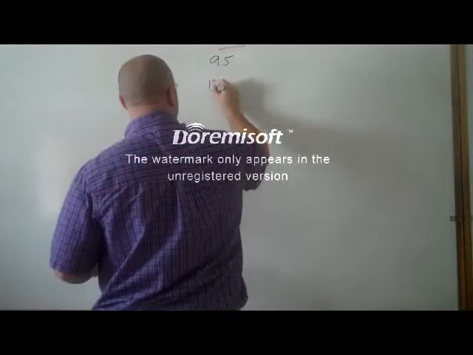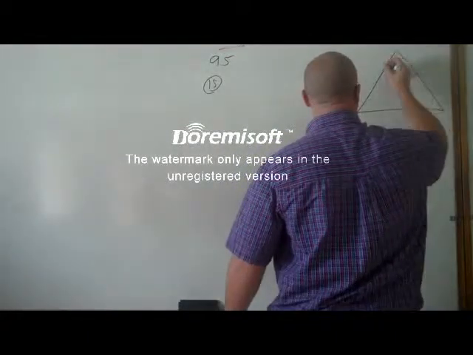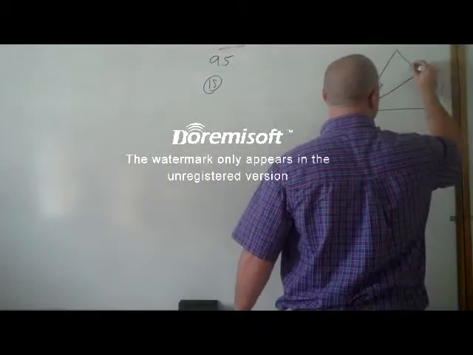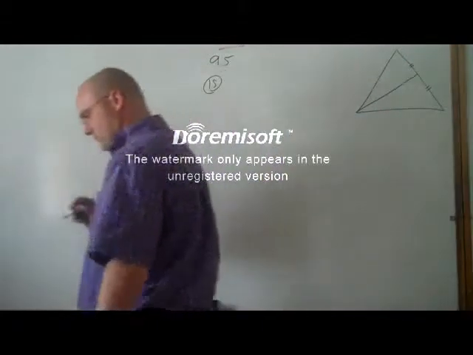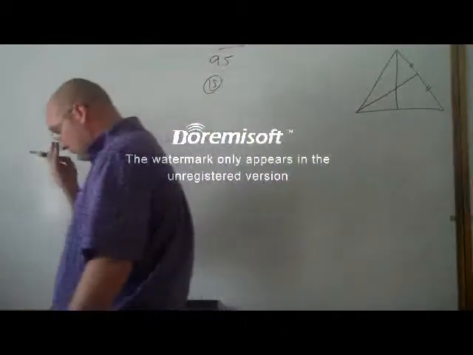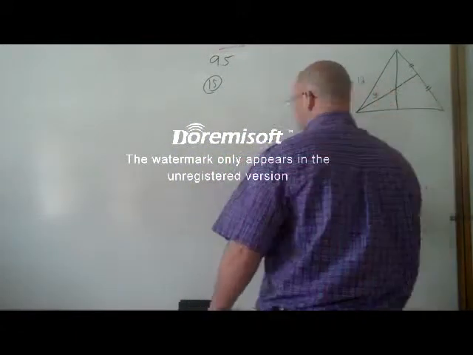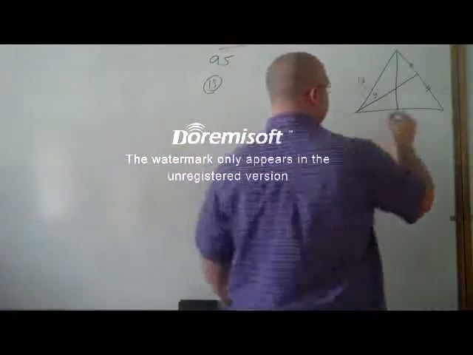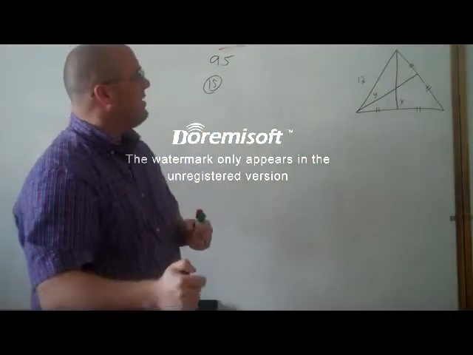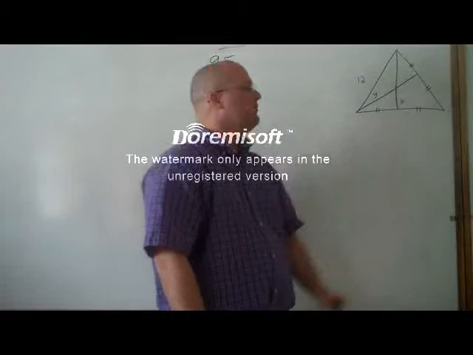All right, number 15. Now, we have a large equilateral triangle with one side of 12.